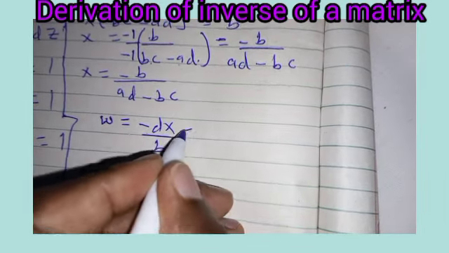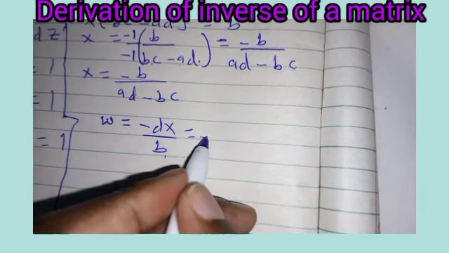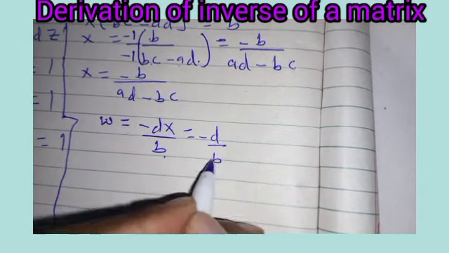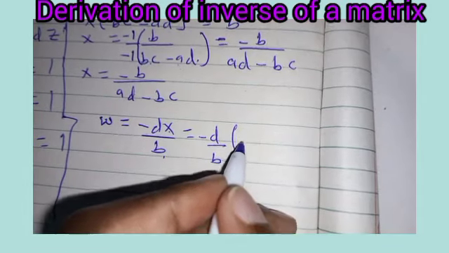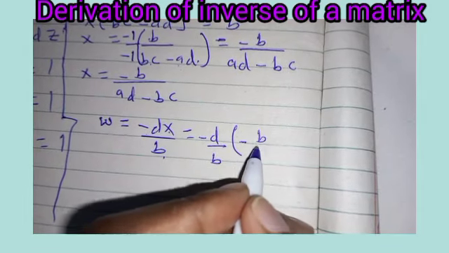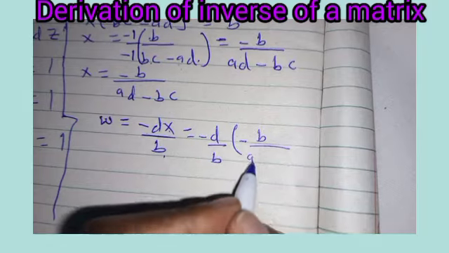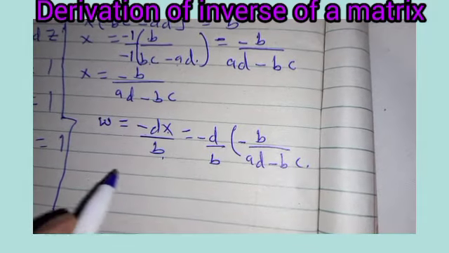So instead of x, we write minus b divided by ad minus bc.